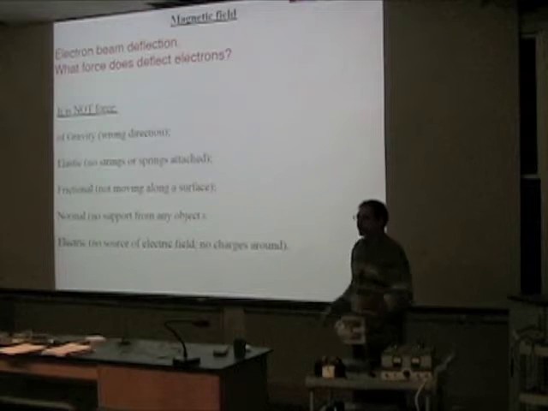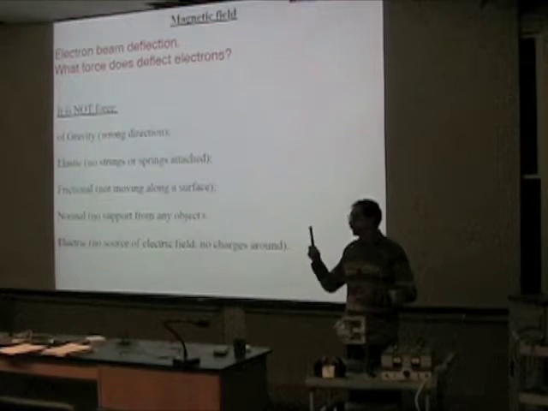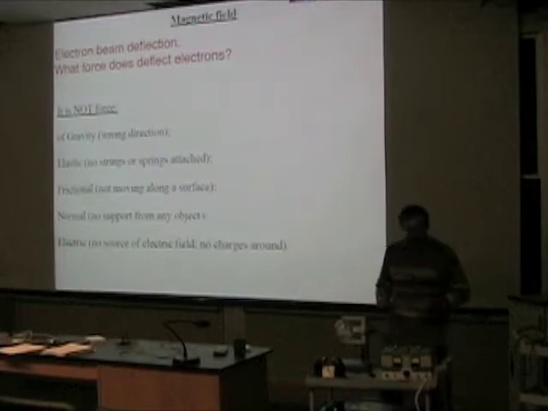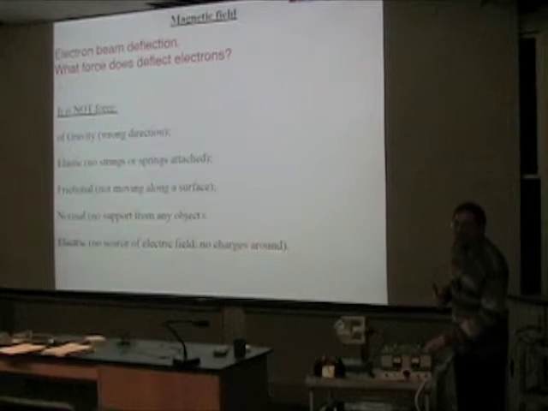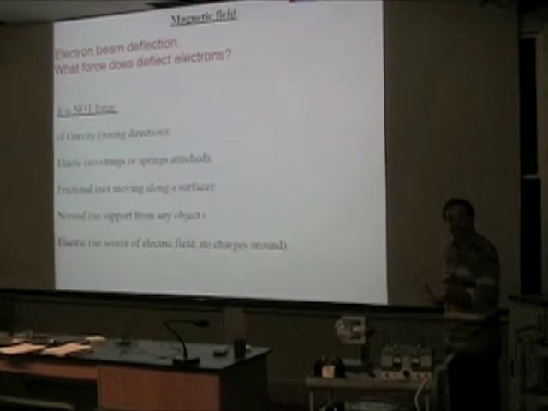So this magnet is acting on this wire in a way like this magnet was acting on the electrons. So if I turn the power supply on, charge is going to be traveling through the wire.